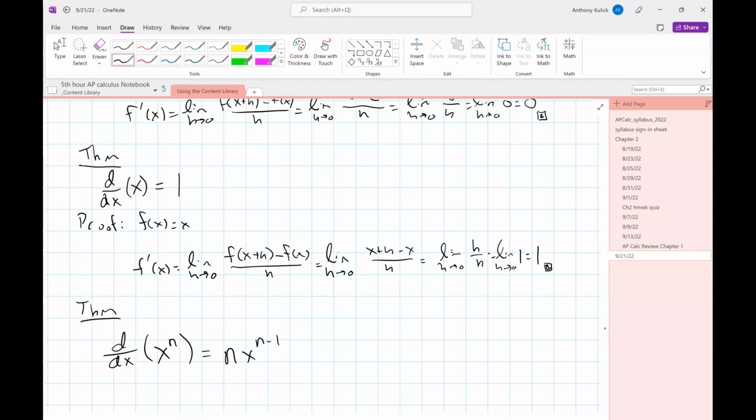You move the exponent to the coefficient and subtract 1 from the exponent. And that works for all values of n. So whether n's a fraction or decimal or a negative number, whatever, it'll all work.